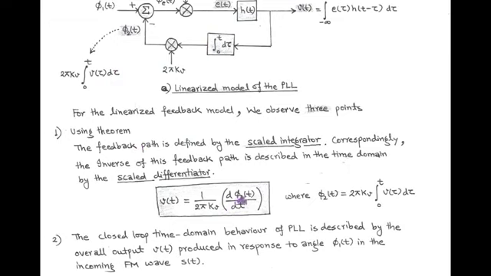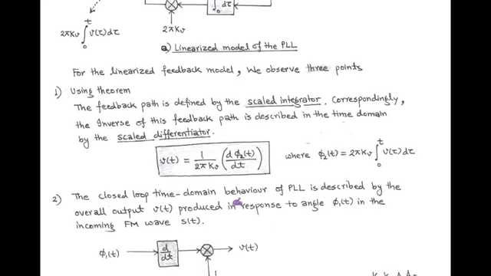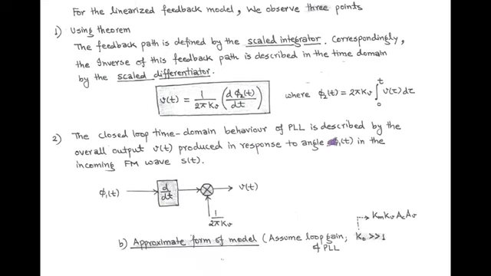Second point is, in PLL, the feedback loop adjusts angle phi 2 equal to phi 1. So we can say that the closed loop behavior in PLL in time domain is described by the overall output V function of t, and this output is produced by the incoming FM wave with phase angle phi 1.